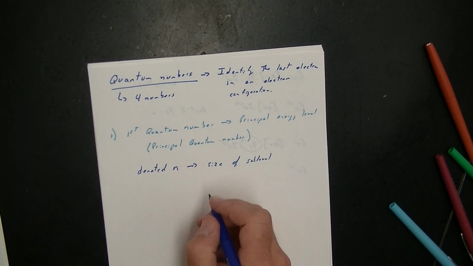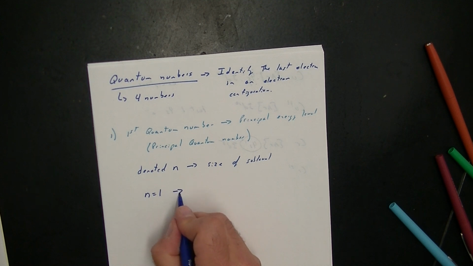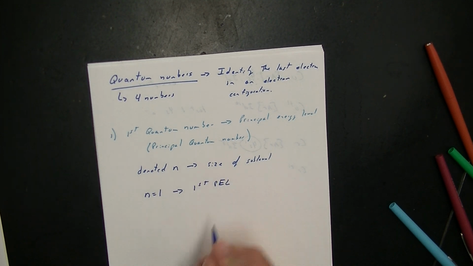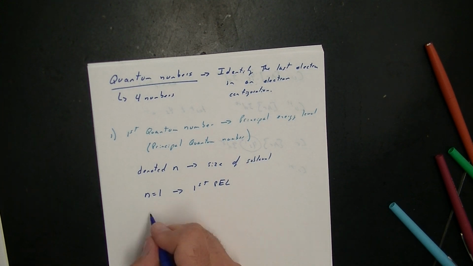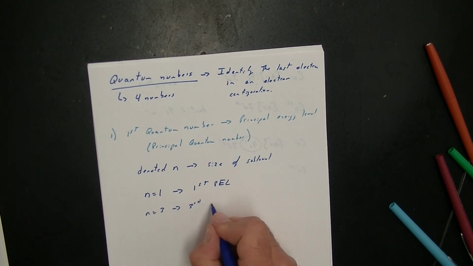So if I say n equals 1, all that's telling me is it's the first PEL. If the first quantum number is n equals 3, we're talking about the third PEL.